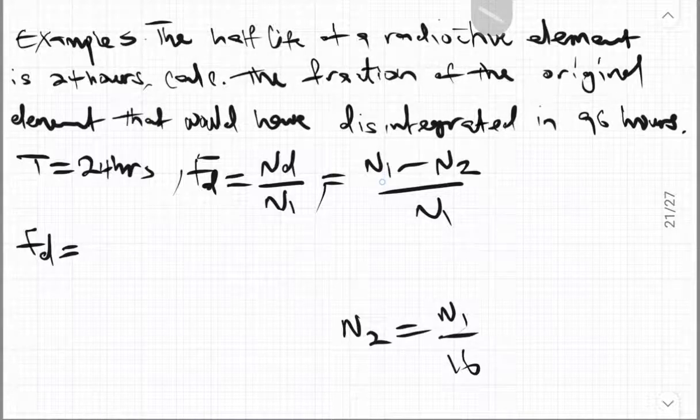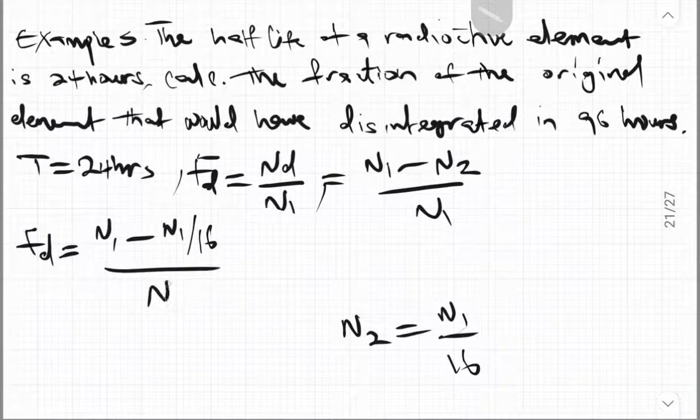So we still leave it like that: N1 minus N2, where N2 is actually N1 over 16, and everything over N1. Then as usual, we factor out N1 because N1 is common between these two terms.